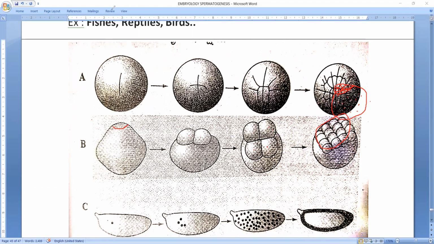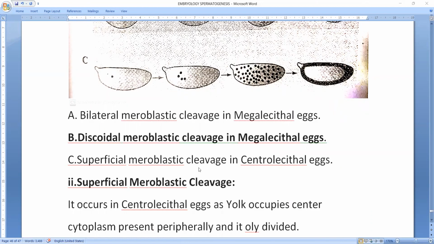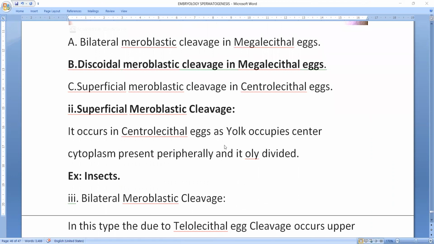Whereas here, the peripheral, outer side cells divide, and the center provides the yolk until the embryo is developed properly. So that is superficial meroblastic cleavage. It occurs only in centrolecithal eggs.